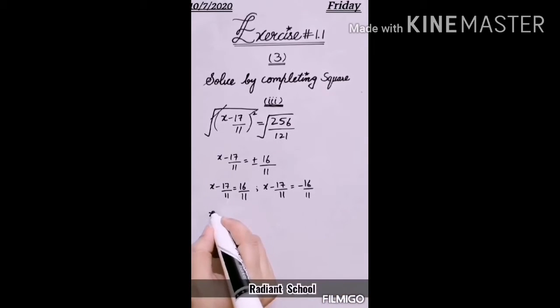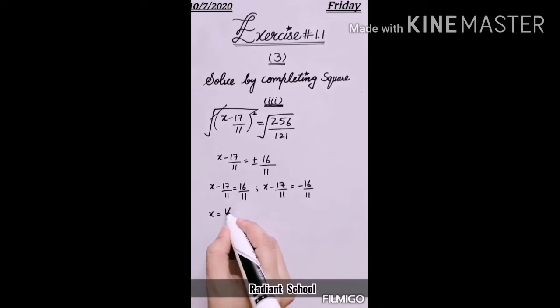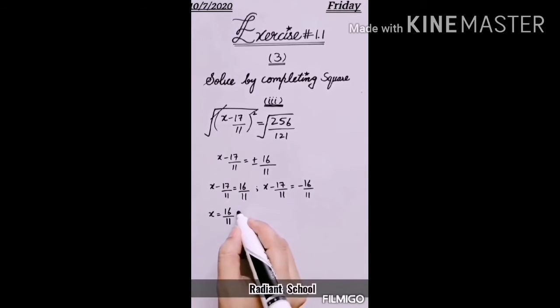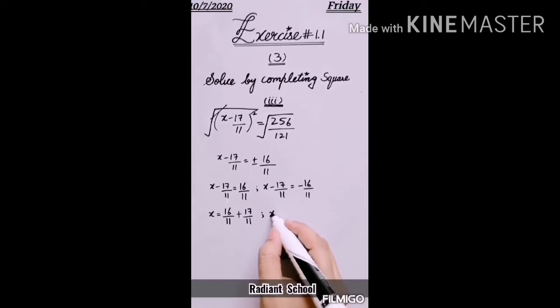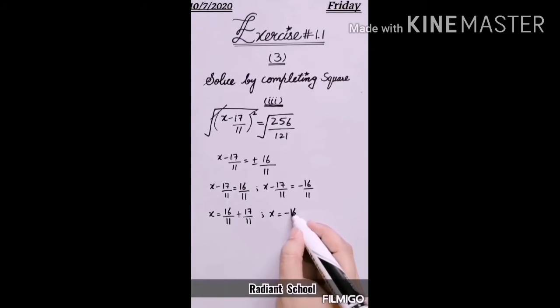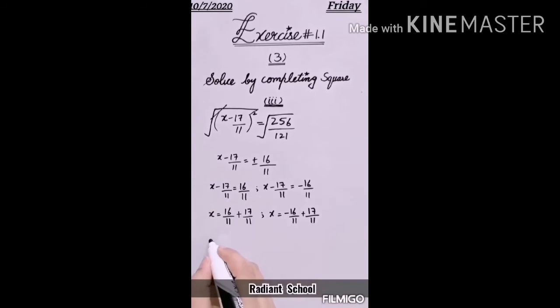Now you will simplify and find the value of x. X is equal to 16 over 11 plus 17 over 11, x is equal to minus 16 over 11 plus 17 over 11. X is equal to 23 over 11.